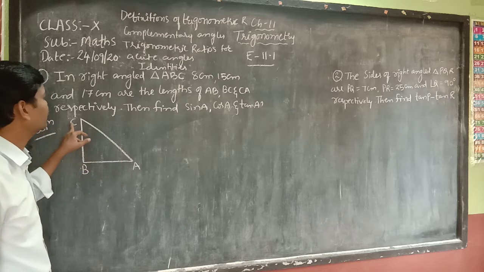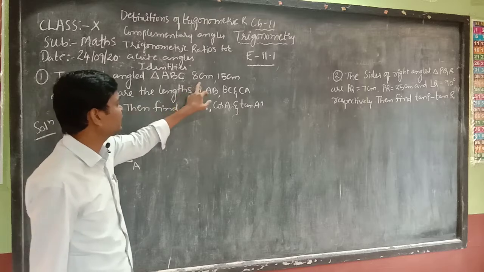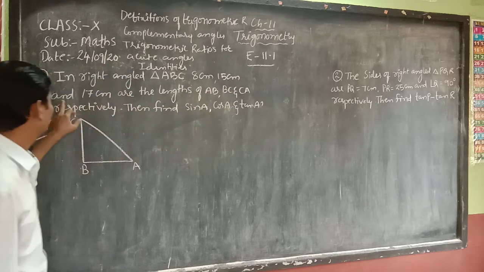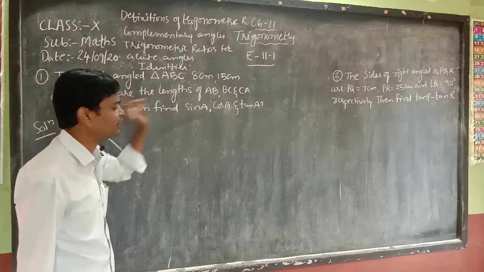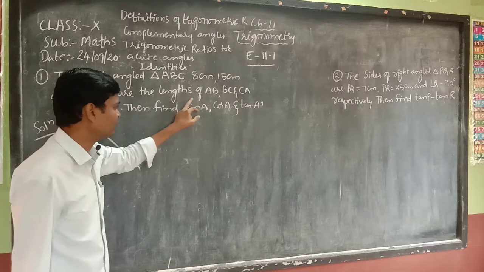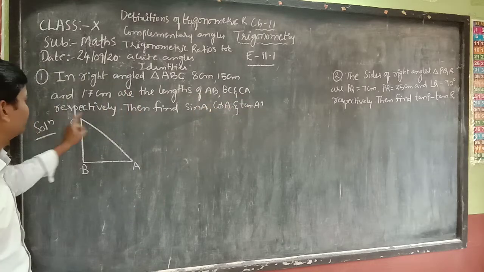In right angle triangle ABC, 8 centimeters, 15 centimeters and 17 centimeters are the lengths of AB, BC and CA respectively is given.